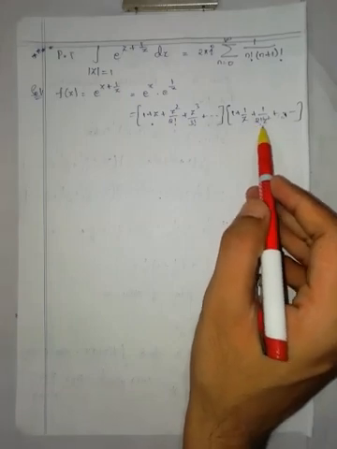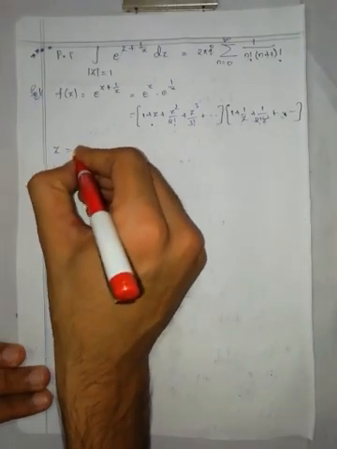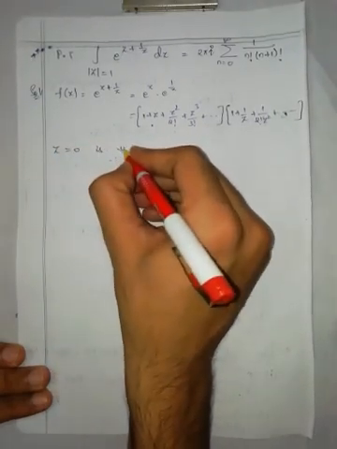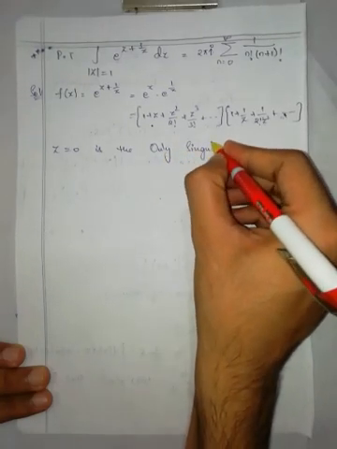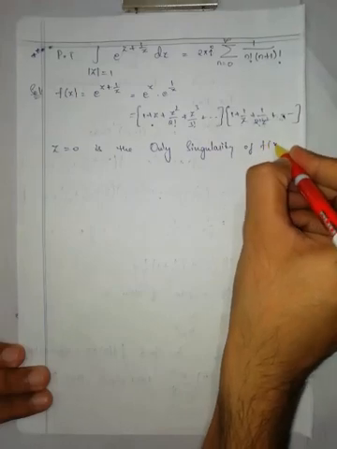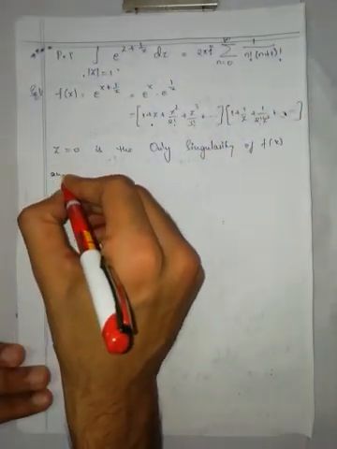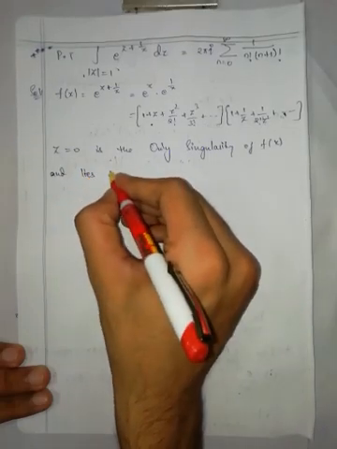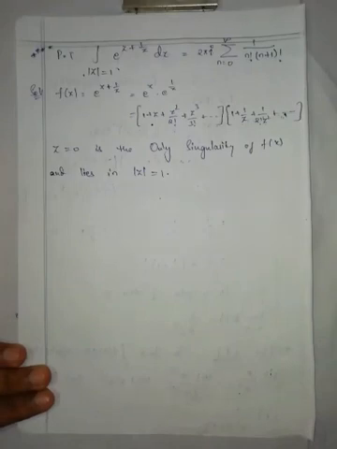Then what is the singularity of this function? z is equal to 0 is the only singularity of f of z, which lies in modulus of z is equal to 1.